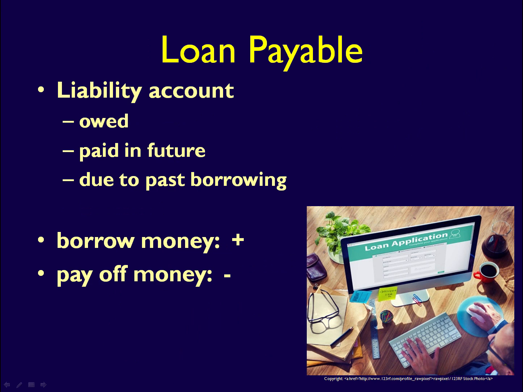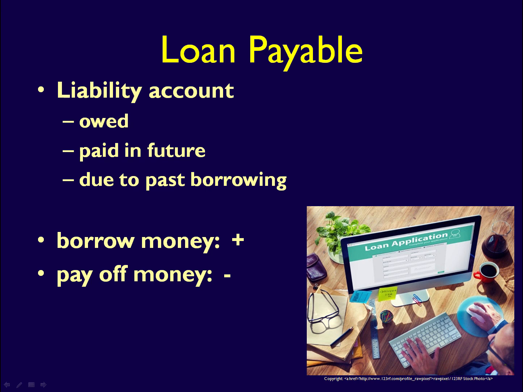A very similar account is loan payable, but I've listed this one separately because in this case, the business did not receive a good or a service. Instead, they received money, cold, hard cash from a lender, also called a creditor. Loans are legal agreements with a set interest rate and a deadline when they're due, called a maturity date.